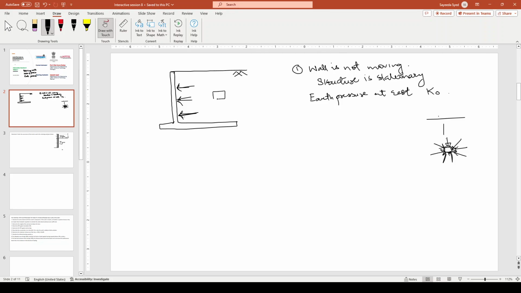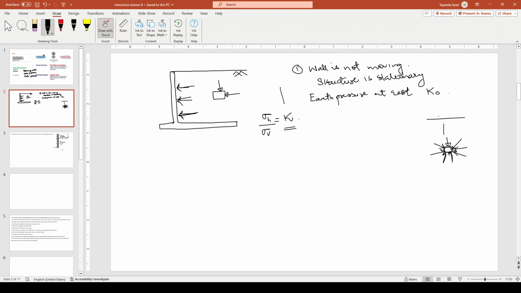The vertical stress and the horizontal stress are not same, but they are correlated with a ratio. We can correlate sigma h by sigma v is equivalent to K, a coefficient of earth pressure.